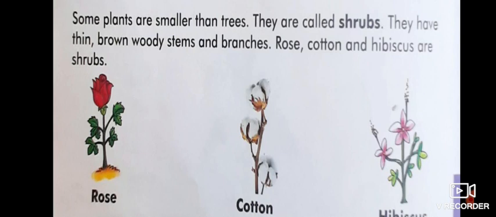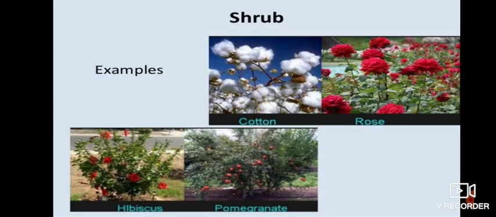Trees are very big and tall plants, and the plants which are smaller than trees are called shrubs. Some examples of shrubs are rose, cotton, and hibiscus. You can also check their pictures in your books.